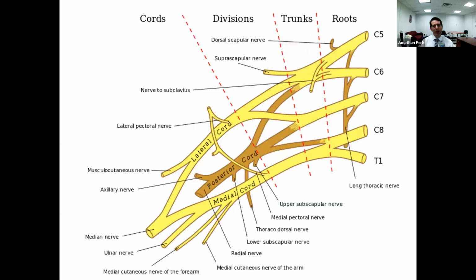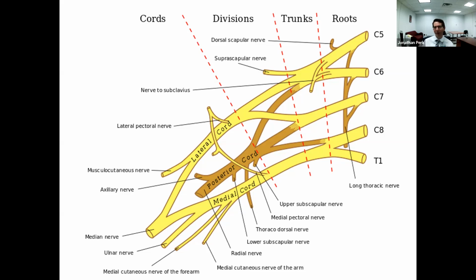Okay. Now, as far as the brachial plexus, I know that this is something that no one likes to learn, but it's actually very easy. But what I would recommend is to learn it the way we're going to go over now, which is to break it down in terms of structure and movements, rather than the short-term recall ways of drawing a fishbone kind of structure that you'll see on YouTube.